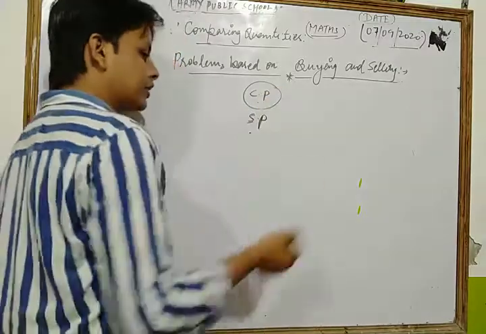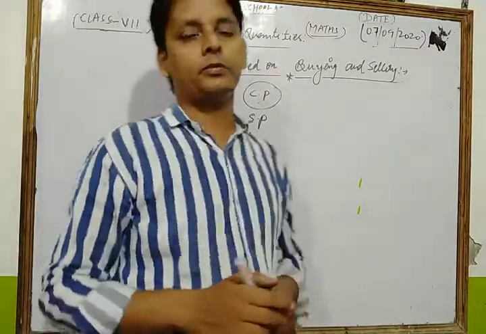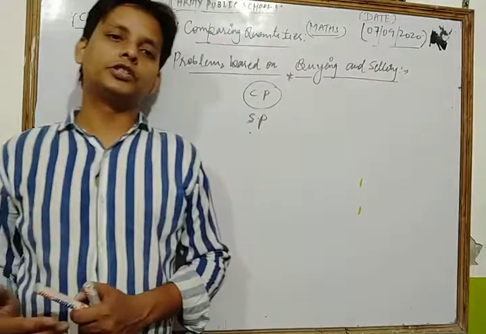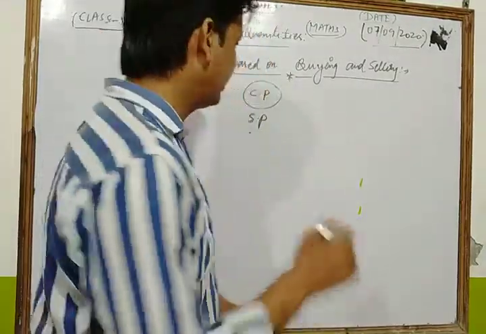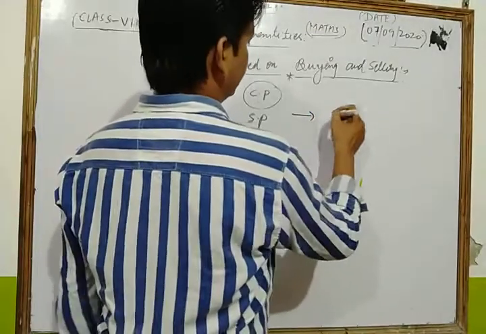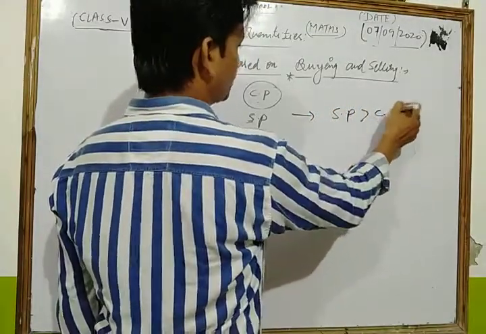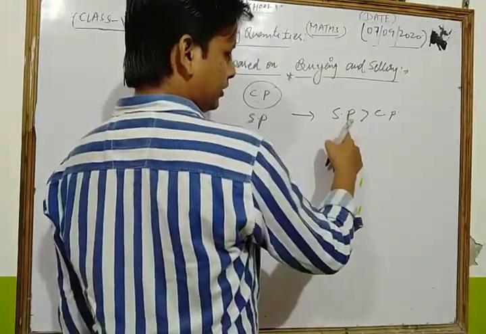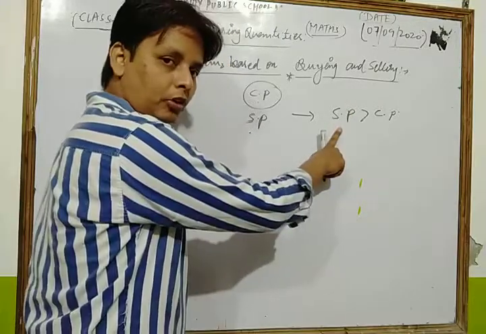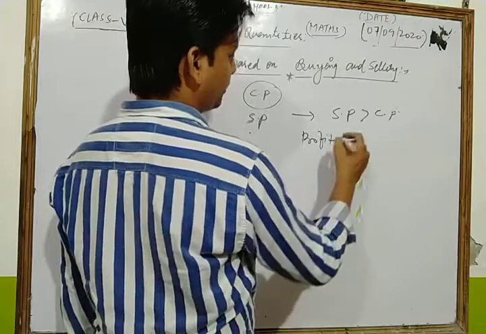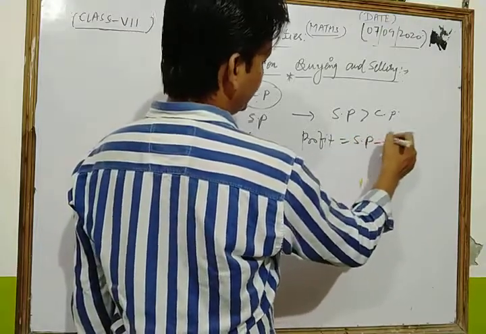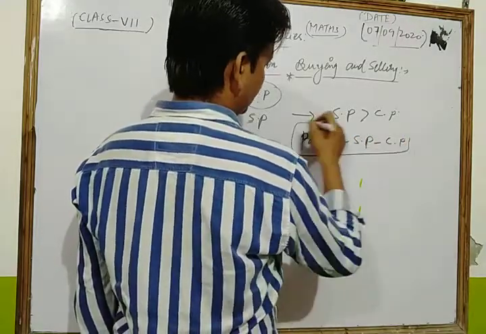Dear student, in which condition does a person get a profit, and in which condition does a person get a loss? If the selling price is greater than the cost price, in that condition a person gets a profit. The general concept is that profit is equal to selling price minus cost price.